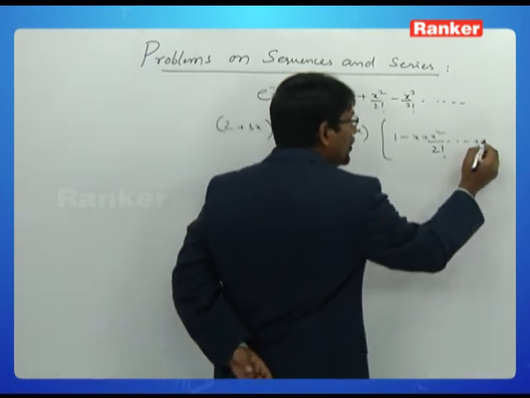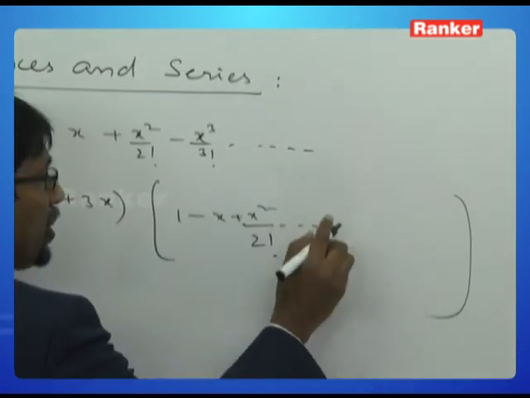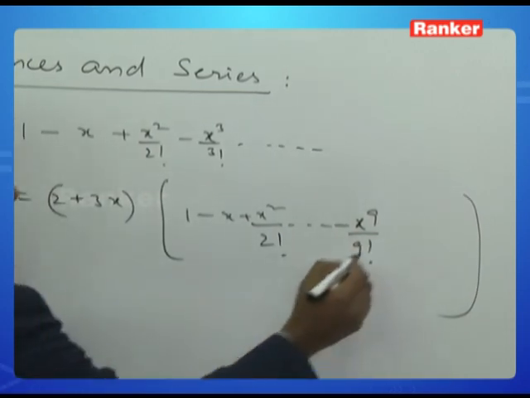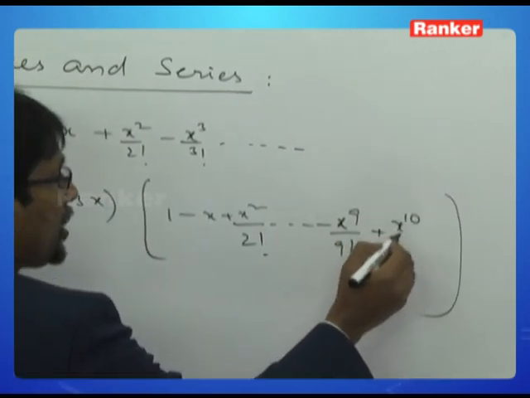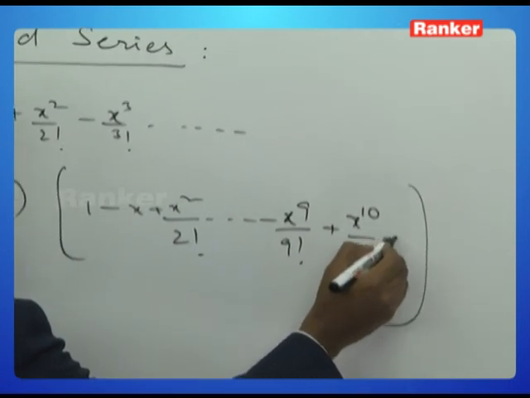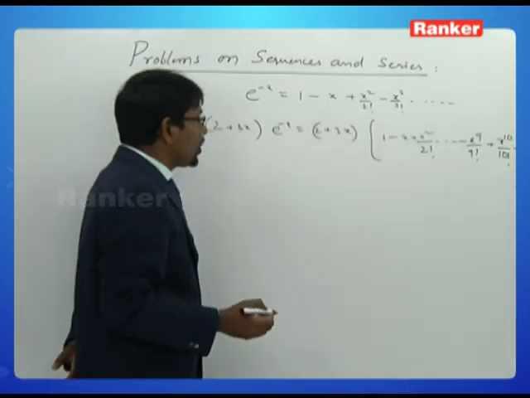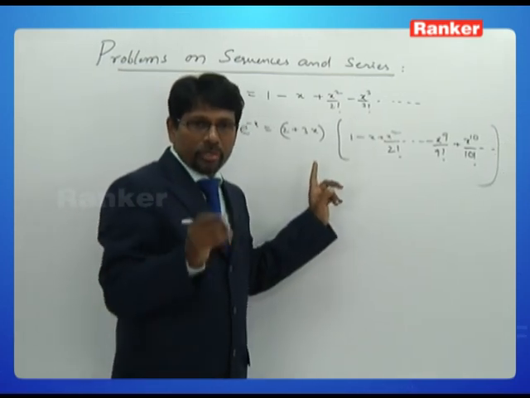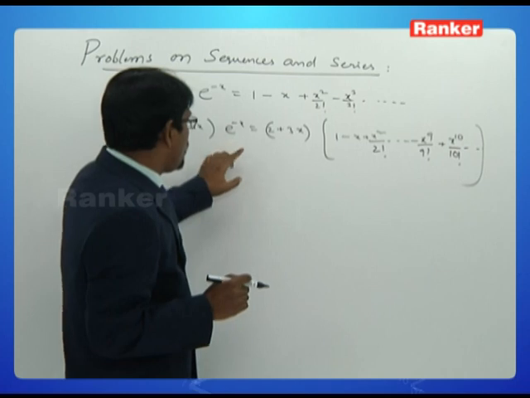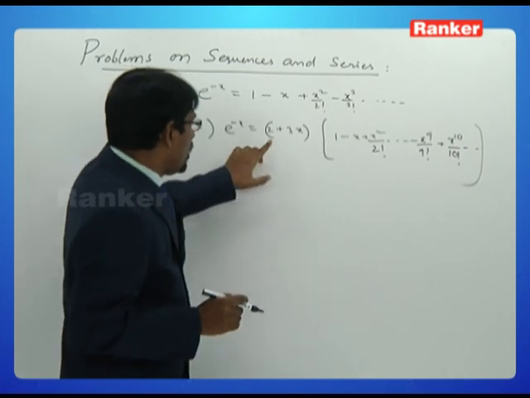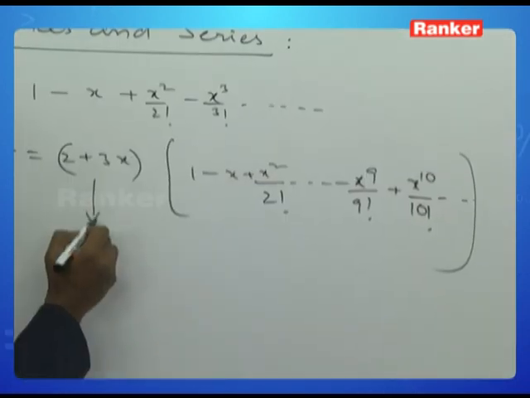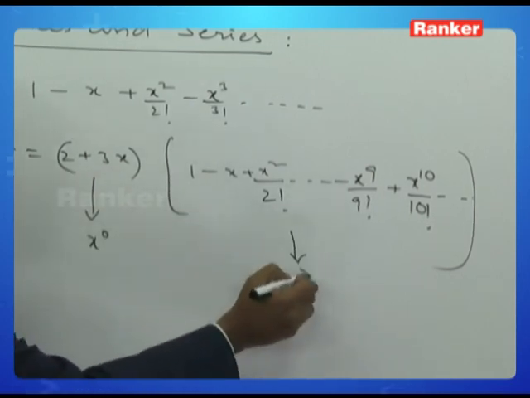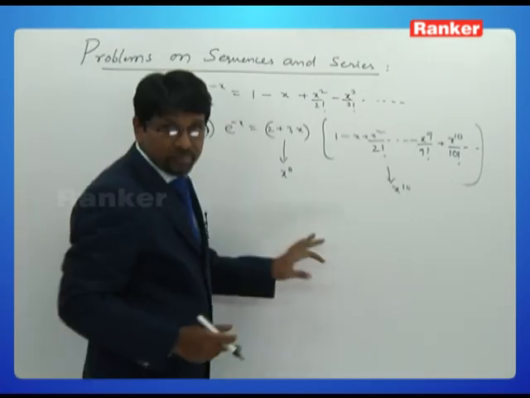So I will have here a minus of x power 9 by 9 factorial plus x power 10 by 10 factorial, and this alternating sign pattern will go on. Now we are interested in the coefficient of x power 10 only. Here we have an x power 0 term which we have to multiply with an x power 10 term to get the x power 10 term.